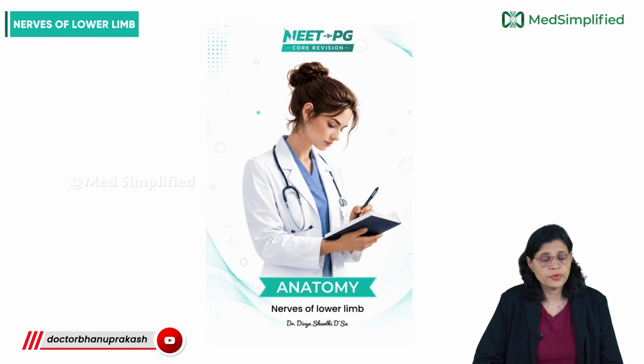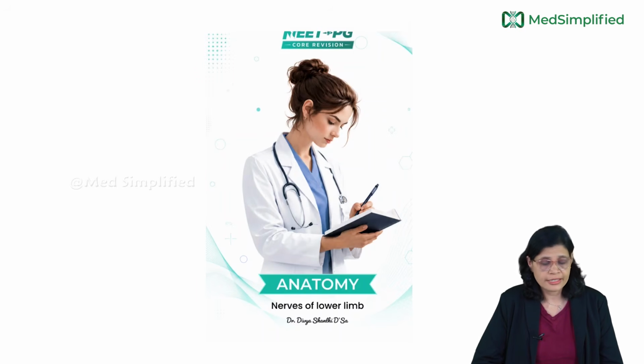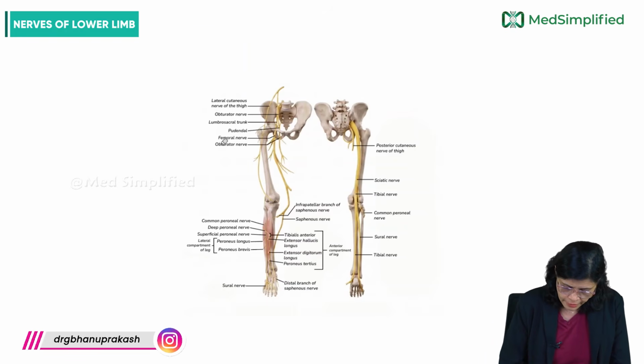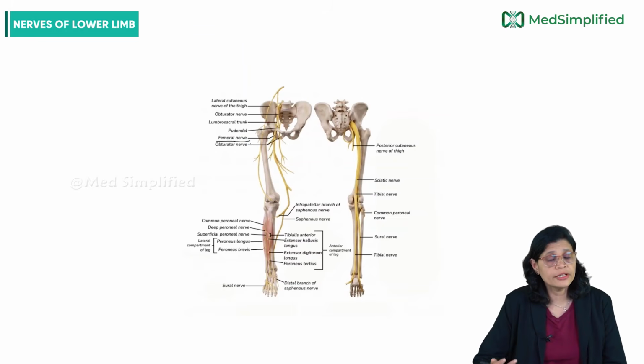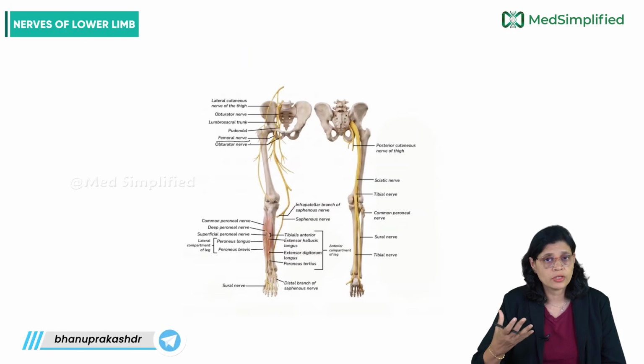In today's session, we are going to break down the nerves of the lower limb into clear exam focused concepts. So let's get started. When we talk about the nerves of the lower limb, there are a few important nerves which we should know. One of them is the femoral nerve, which is the nerve of the anterior compartment of the thigh, otherwise called the extensor compartment of the thigh.